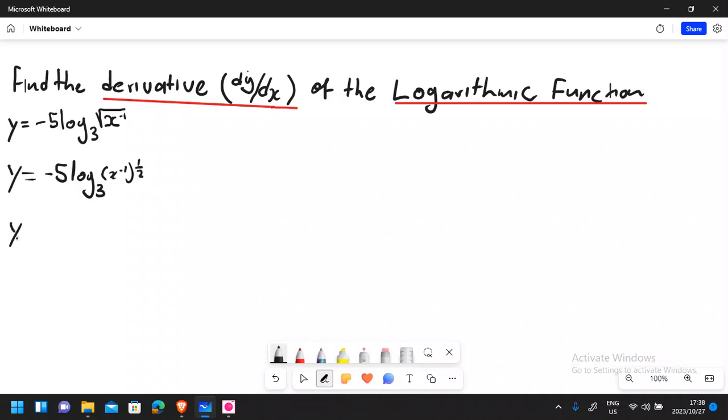So if we continue, we can write it like this: -5 log base 3 of x to the power of -1/2. Now this is simplified, and we can find the formula to derive this function.